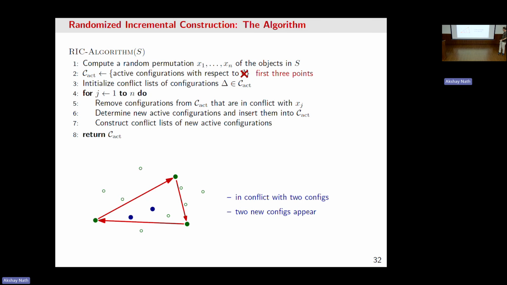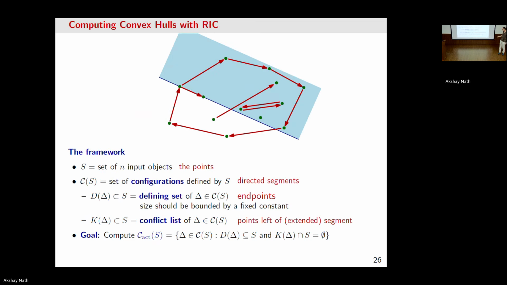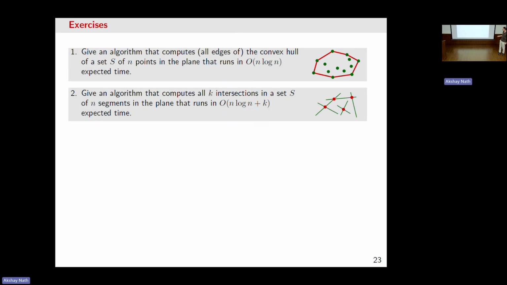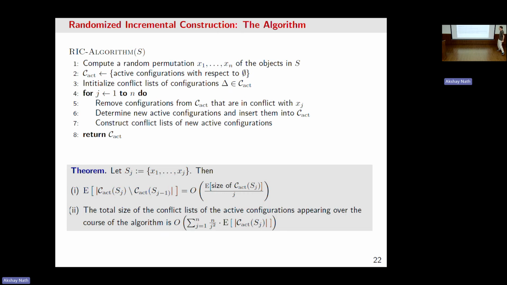It could be a lot at some point, but overall, if I can bound this, which is the case here, that would be J. That's the active configurations, the size of the conflict hole.